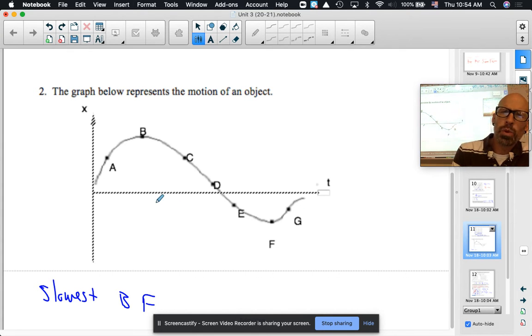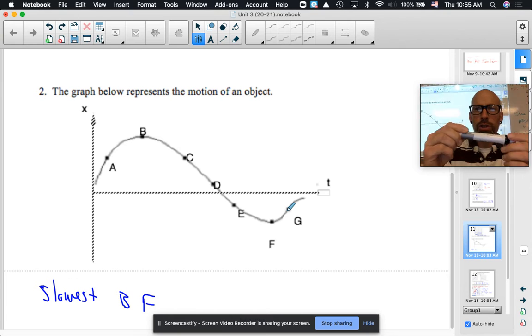Next question, I think it was, when is it speeding up? That's when the steepness of the curve is getting steeper, when the slope is increasing. That's happening from B to D and from F to G. That's when the steepness is getting bigger.